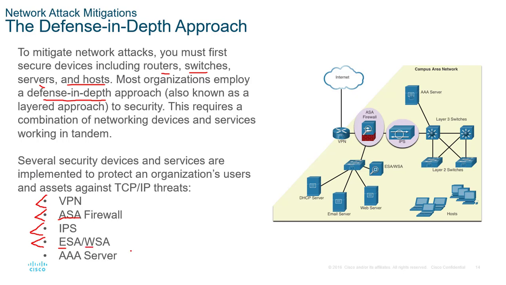And web security appliances again act as a proxy between your internal hosts as they go out and browse the internet. That traffic will go to the intermediary web security appliance, and that will inspect the web content for malicious scripts and bad links and so on, before delivering that content to your internal network hosts.